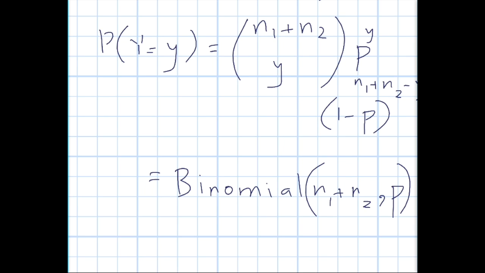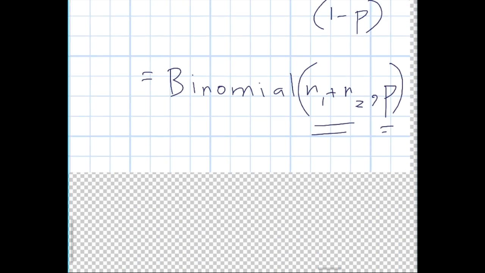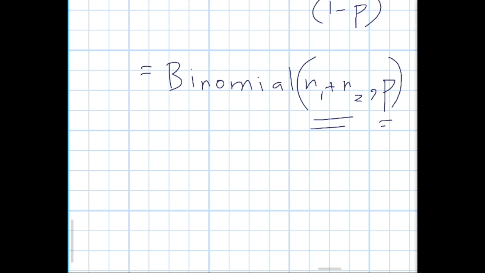Okay, now so what we have proved is that a sum of independent binomial random variables is a binomial random variable with the parameter of the sum of their n's, and the success probability remains the same. How about we extend it to n random variables?